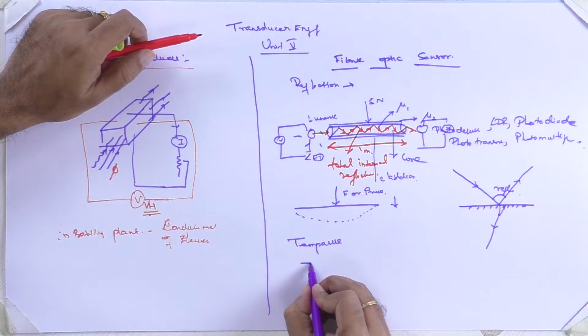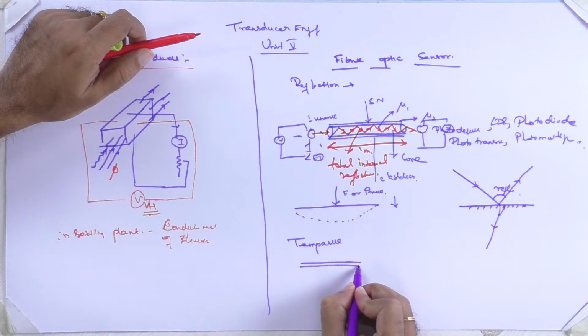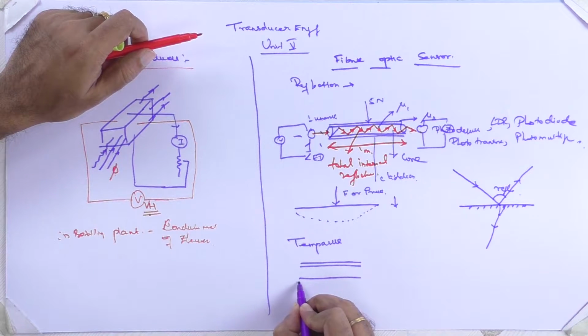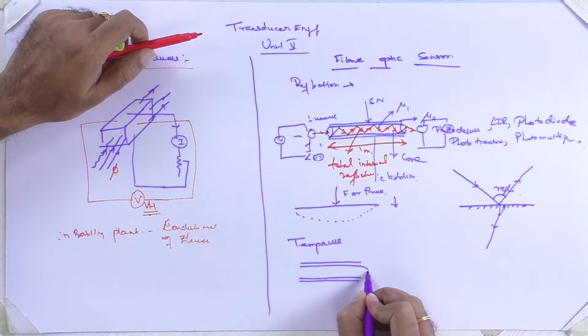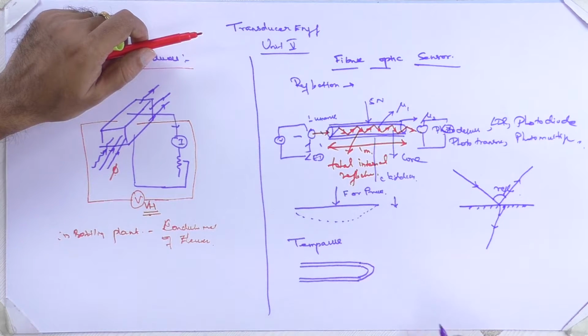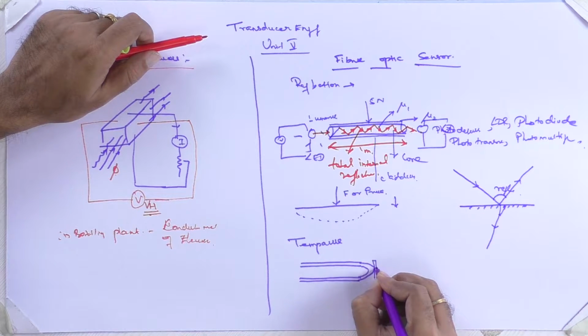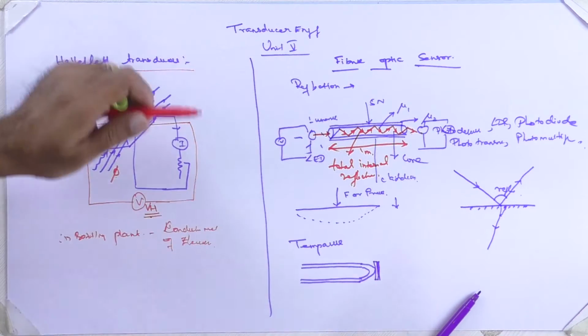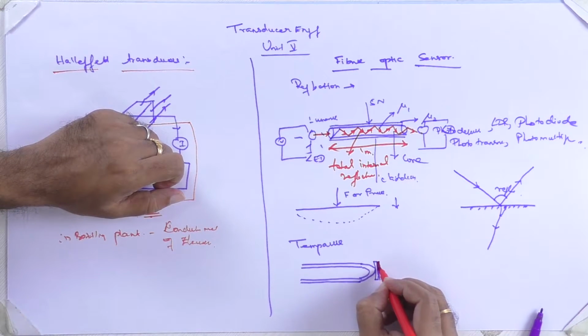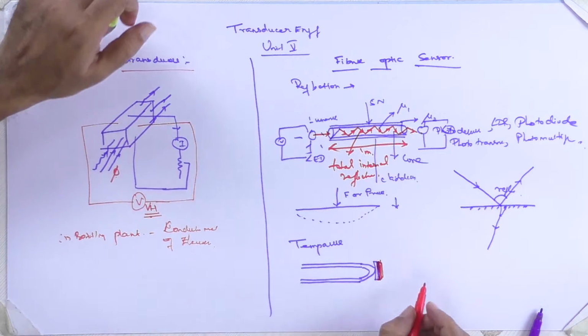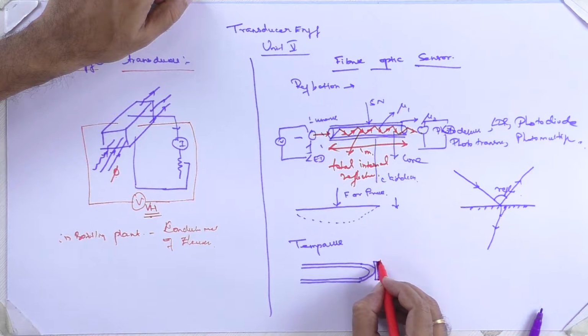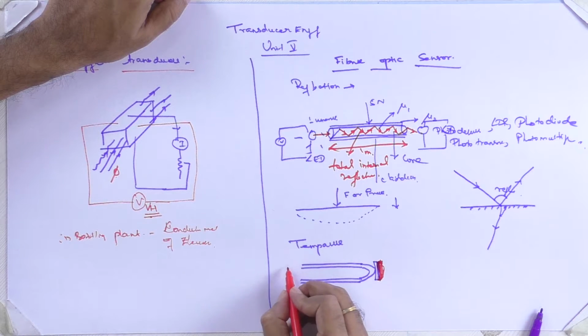Now imagine this is your core and this is bent over here. You have a polymeric material with a metal coating. Okay. When that is put in a constant temperature, the light which is passing in will come out.